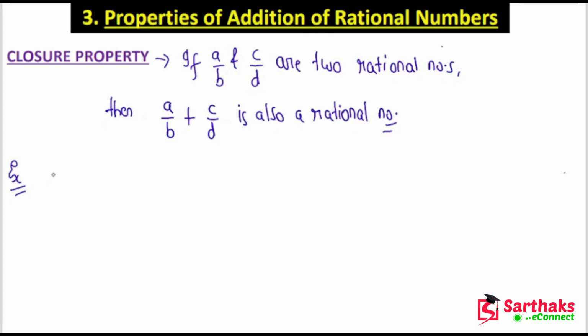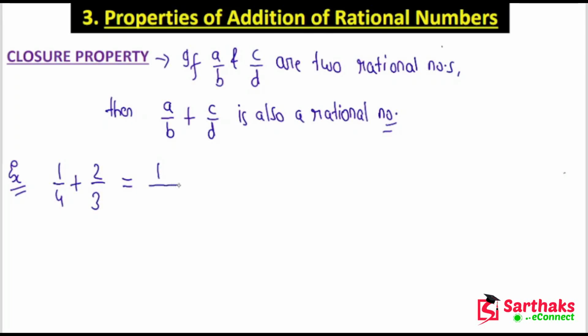1 upon 4 plus 2 upon 3. Clearly these both are rational numbers because they are written in the form of p upon q, where both numerator and denominator are integers and denominator is not equal to 0. So let us try and add these two numbers. Now we can see that LCM of 4 and 3 is 12, so we will make them 12.